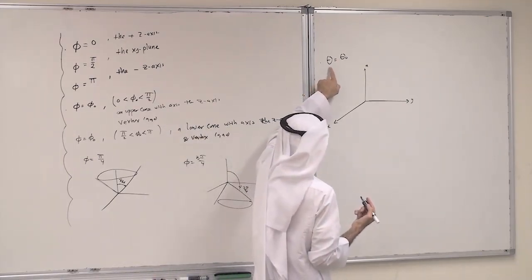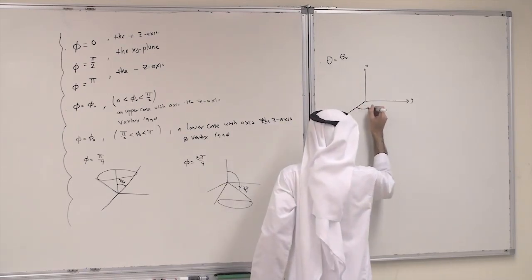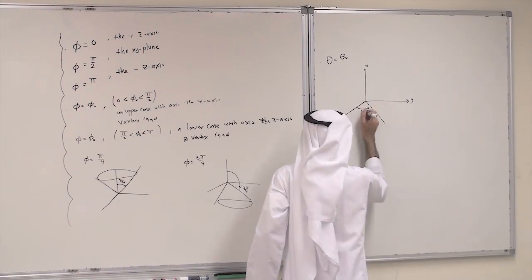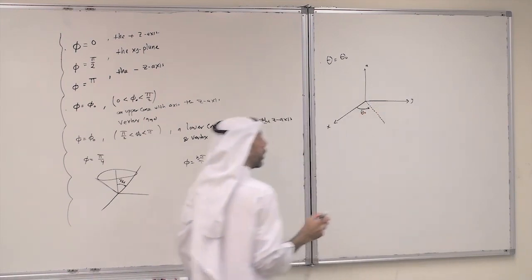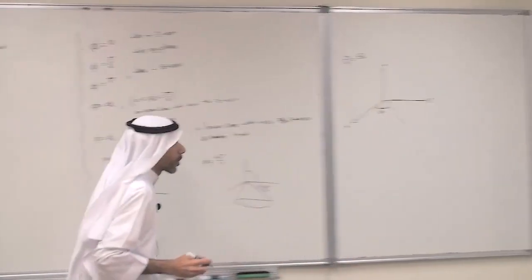The graph of theta equals theta 0 is just a ray. So this is theta 0. It is a ray passing through the origin.